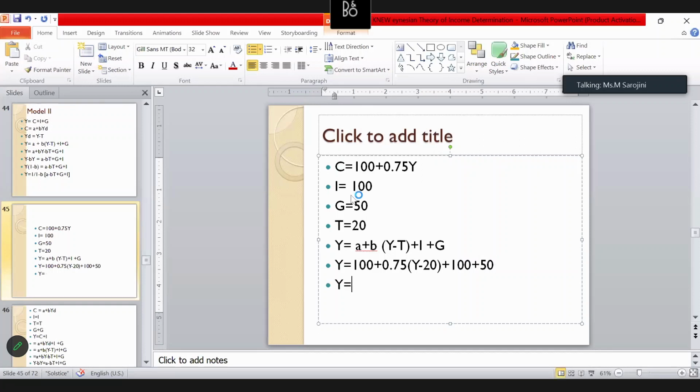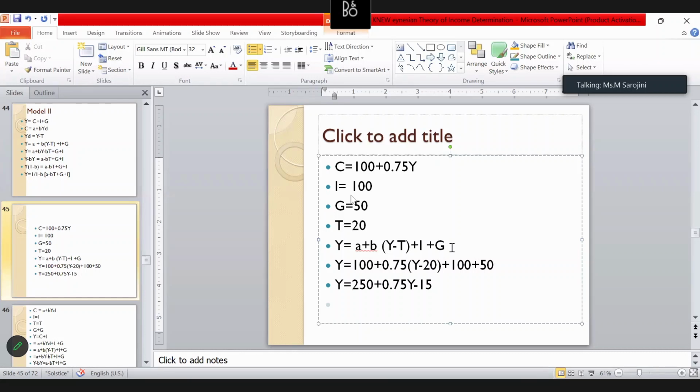Now Y is equal to 250 plus 0.75Y, and 0.75 into 20 is 15, minus 15.